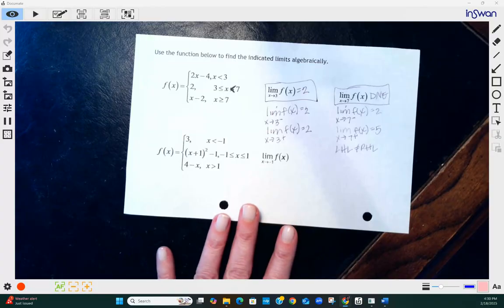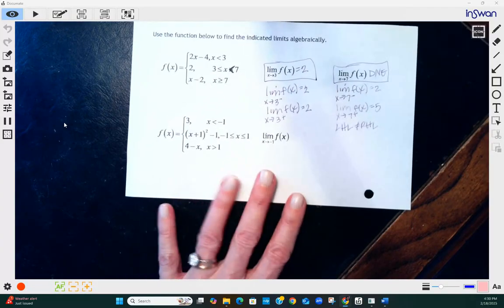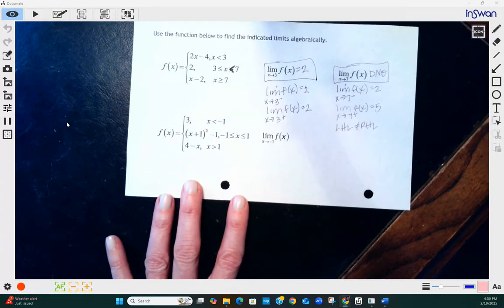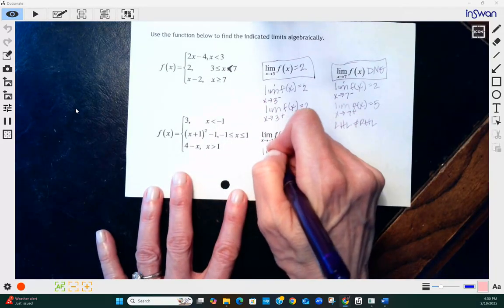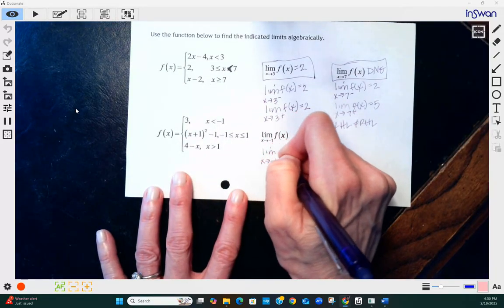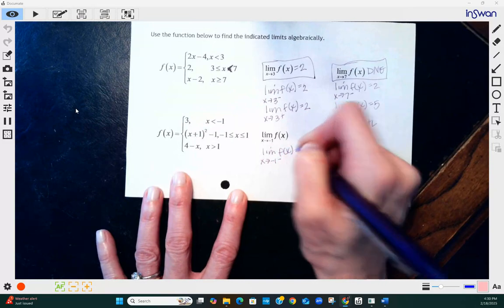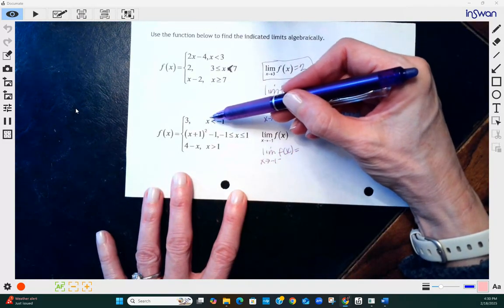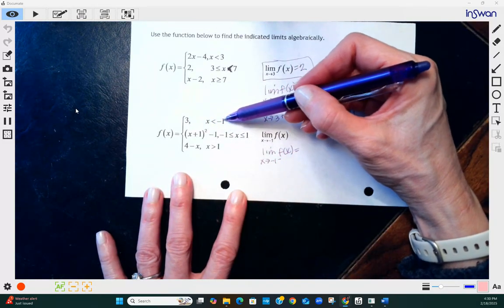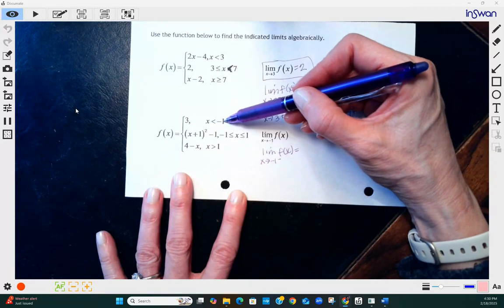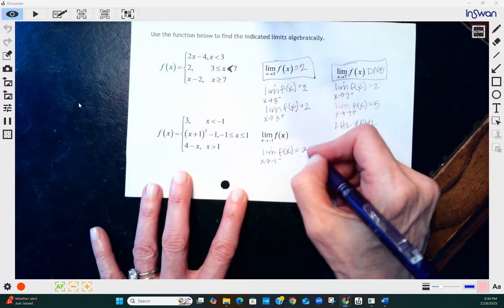All right, and then new function, now we're approaching -1. So the limit is x approaches -1 from the left for this function. We want to approach from the left, so x less than -1 would approach -1 from the left, and the left-hand limit is 3.